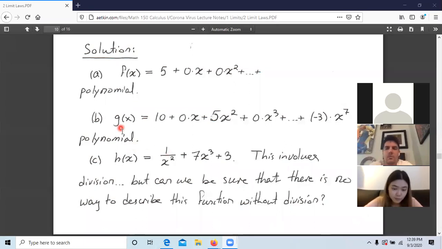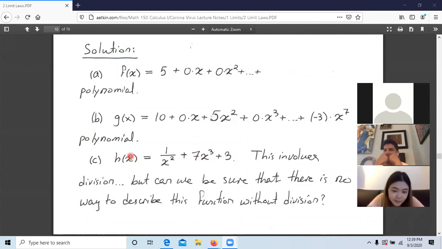More importantly, is h a polynomial? It's definitely not in polynomial form, but maybe if I'm clever enough, I can write this formula without using division, figure out a way around it, right? So reprogram it and don't use division. But the answer is I cannot, as some of you suspected. And how do I know I cannot? If I could, plugging in 0 would produce an answer. You see why?